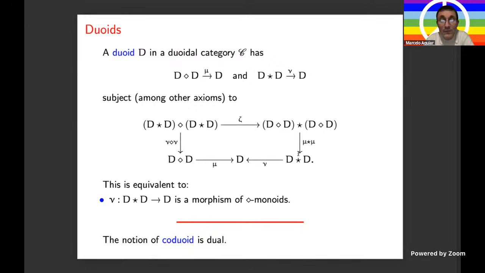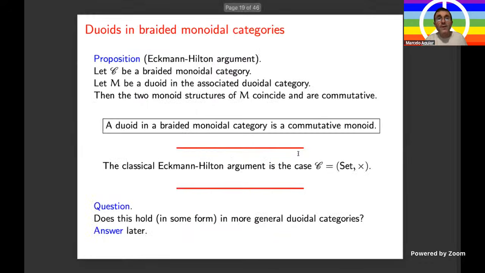Now, let's see if there are examples of duoids. Well, first, the case that explains why we normally don't consider this notion in the special case of braided monoidal categories. It is because we have the Eckmann-Hilton argument at this level. This is a simple fact that one can check. I guess this comes from my work with Mahajan, but it does require a proof, but it is simple. This is what it says.